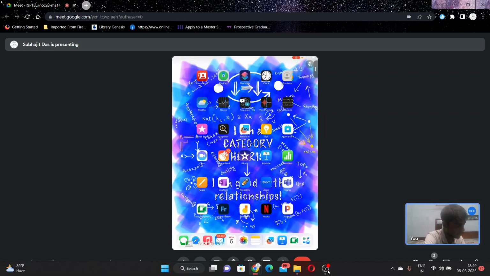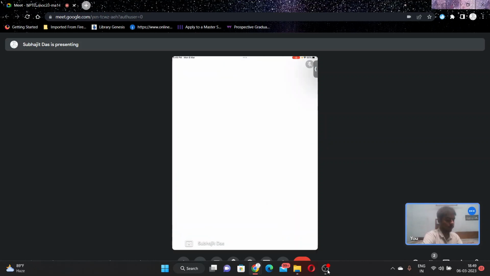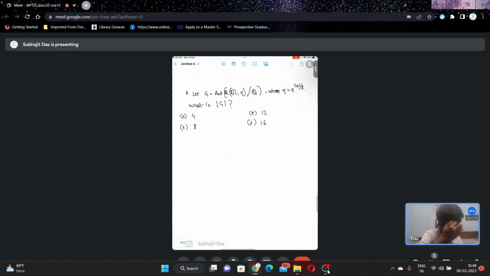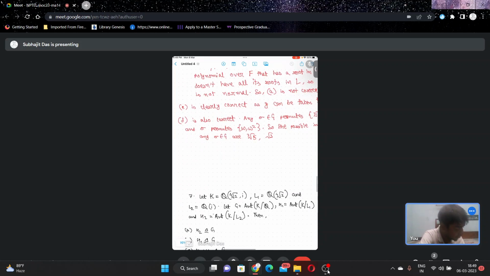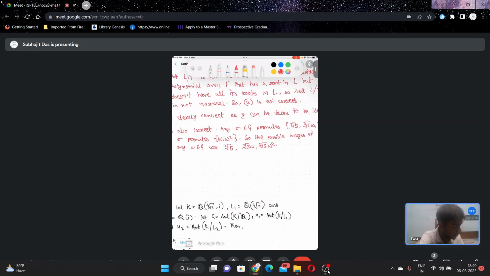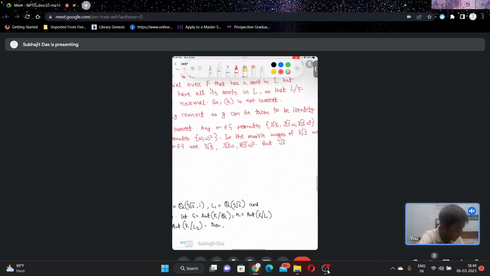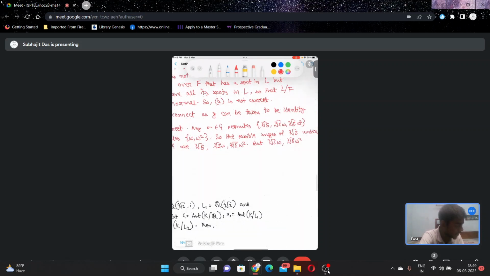Sorry for the interruption. Cube root of 5 omega and cube root of 5 omega square. But neither cube root of 5 omega nor cube root of 5 omega square are in L, right?